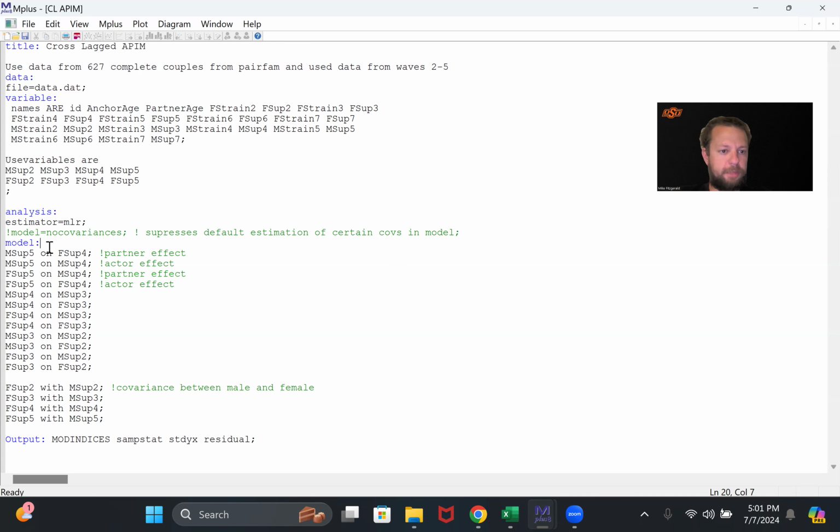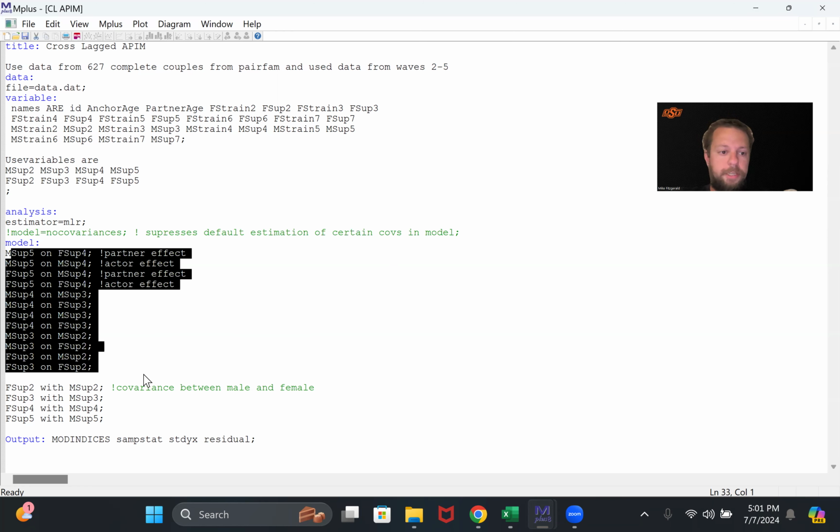All right, so moving into the model, one of the things that you'll notice is that we have, again, 4 waves of data, and we are only investigating T-1 effects. So what that means is we have time T, so let's say it's wave 5, let's just use the final wave.